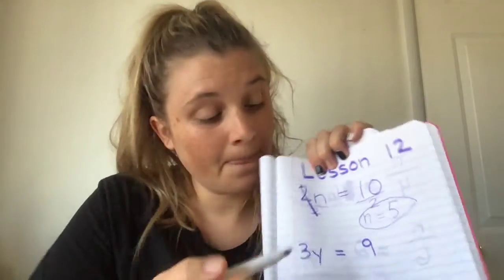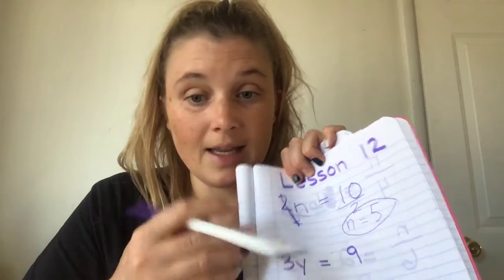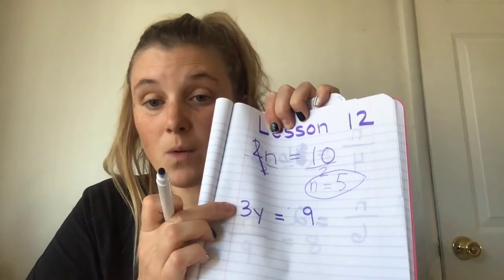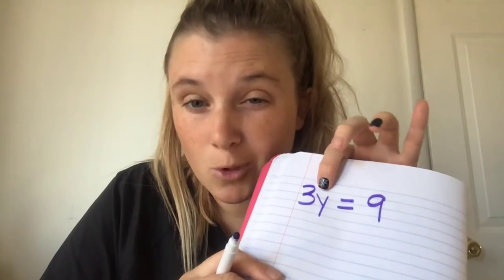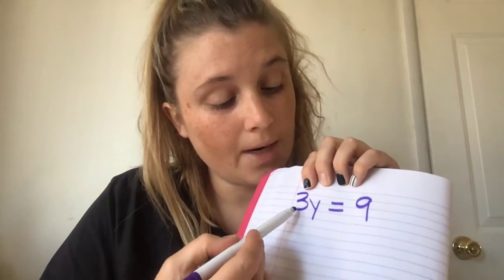Grab your boogie board and write 3y equals 9. I'm just going to write it on a different piece of paper so I have more space. They're right next to each other, so that means multiply. 3 times something equals 9. How are we going to figure out what that is?